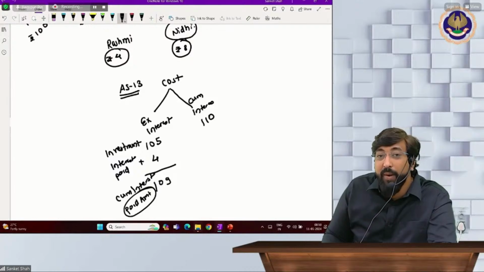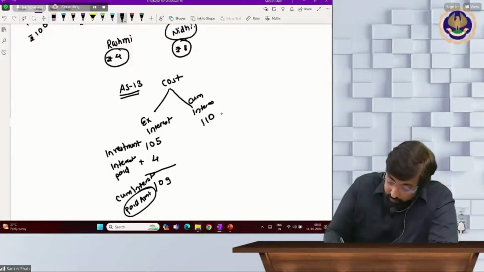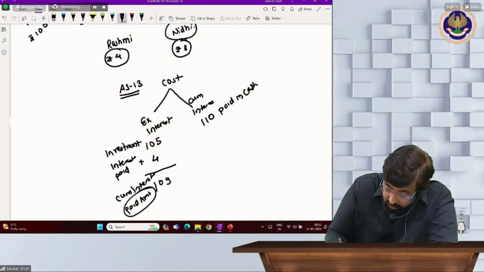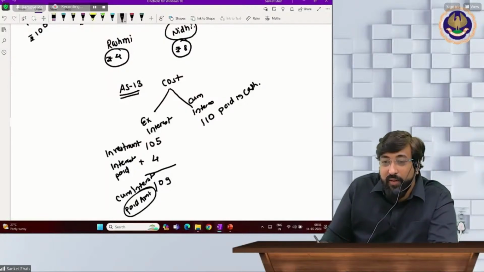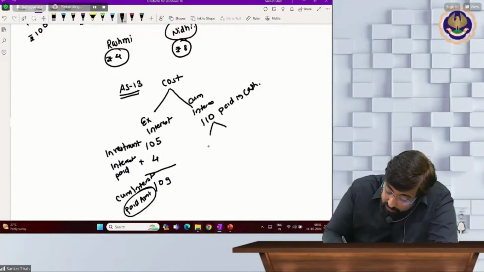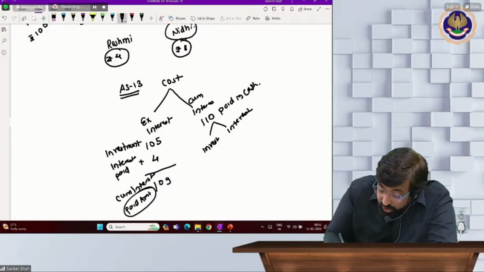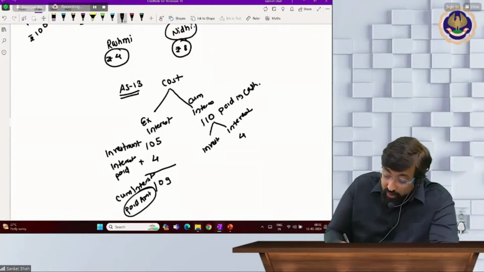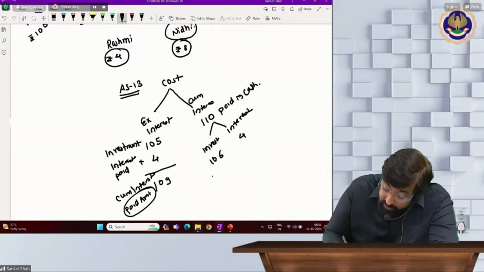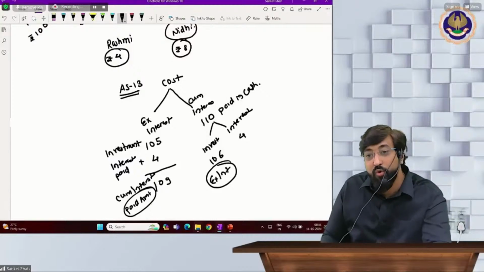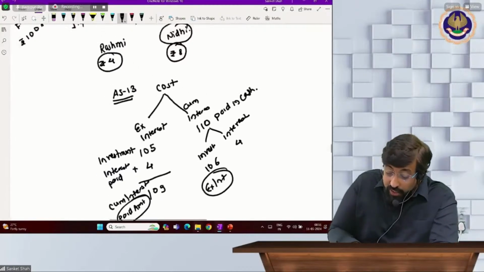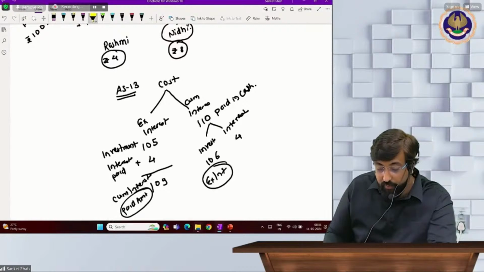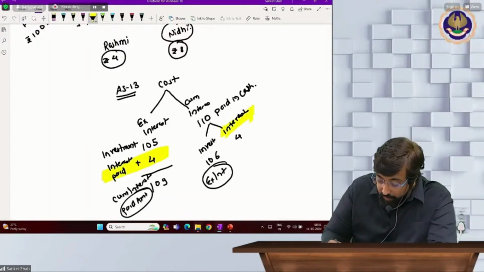So how much amount you are paying to Rashmi? This is you paid in cash. 110 you are paying to Rashmi. But tell me, out of this, what is the investment amount you are buying? Investment and interest. See, interest won't change. Interest will be 4. But your investment is of rupees 106 and investment is always shown at ex interest. Now you got the concept. Yes, sir. So which amount is not going to change? Interest. Interest will be same. And interest you will debit to profit and loss account.